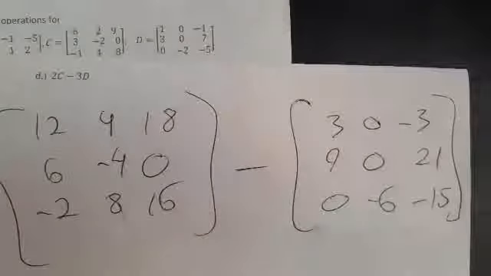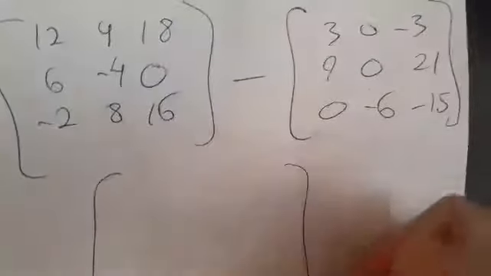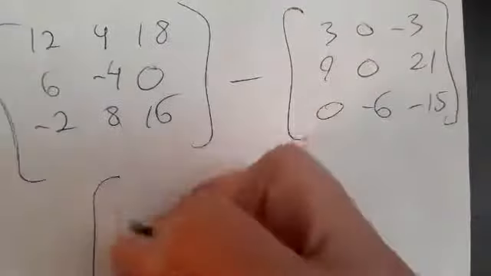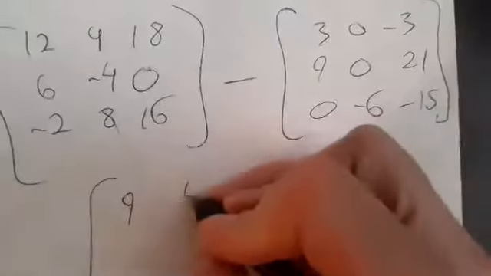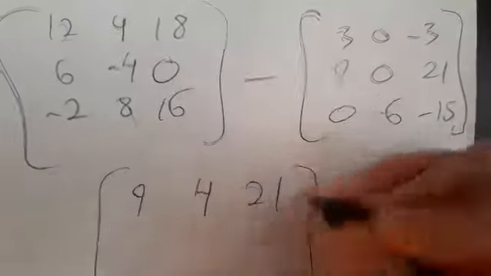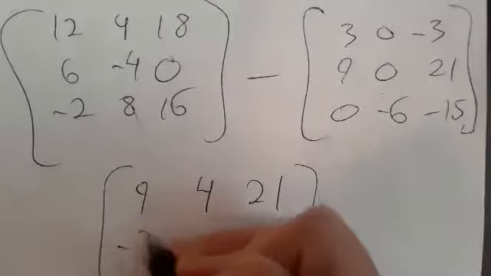Okay. So now I'm doing subtraction. I want a 3 by 3 matrix, subtracting correlating entries. 12 minus 3 is going to give me 9. 4 minus 0 gives me 4. 18 minus a minus 3 really adds it. 6 minus 9 is a minus 3.